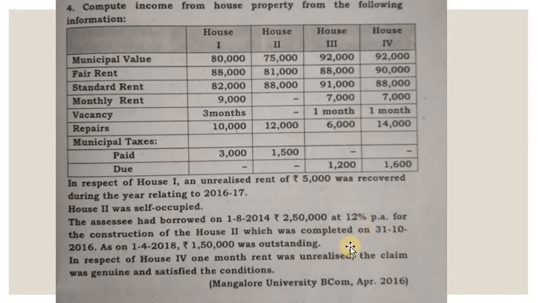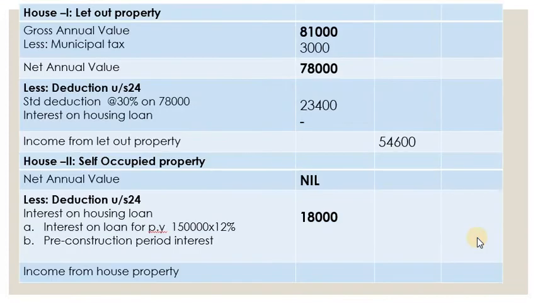The preceding year of the construction year 2016-17 is 2015-16, and its 31st March is 31st March 2016. So from 1/8/2014 to 31st March 2016 we have to calculate the interest, then divide it by 5.